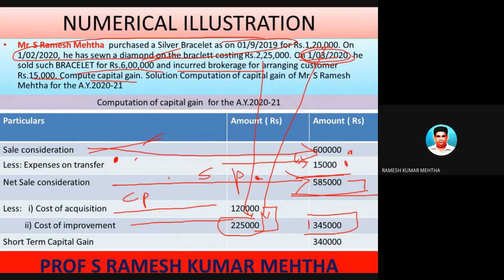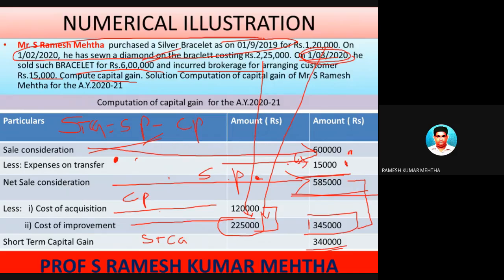So 5,85,000 minus 3,45,000 is equal to 2,40,000, which is the short-term capital gain, and no indexation, because in case of a short-term capital asset we should not do indexation. So the simple formula for finding short-term capital gain is selling price minus cost price. That's it. Hope you have understood this.